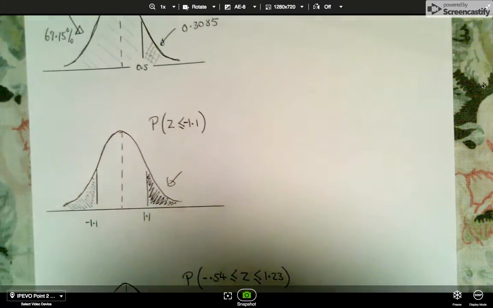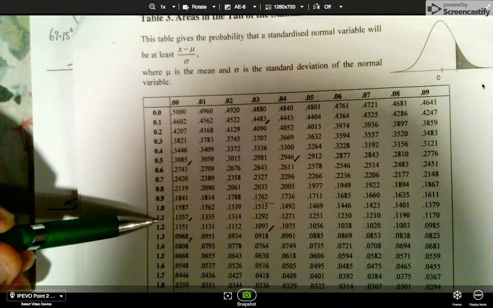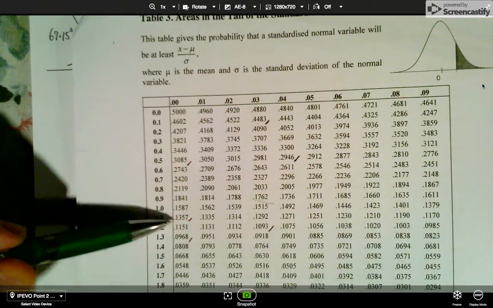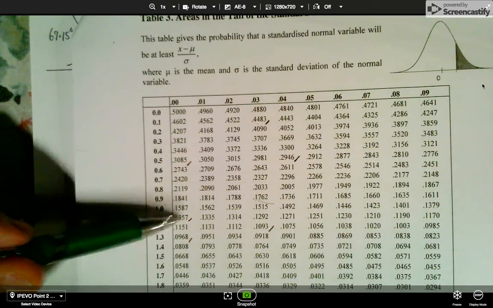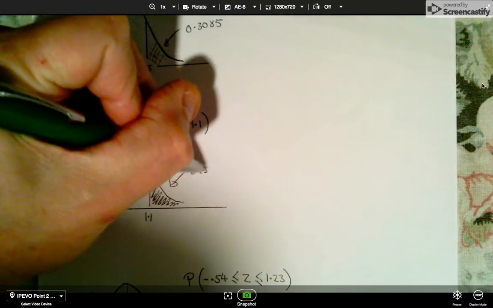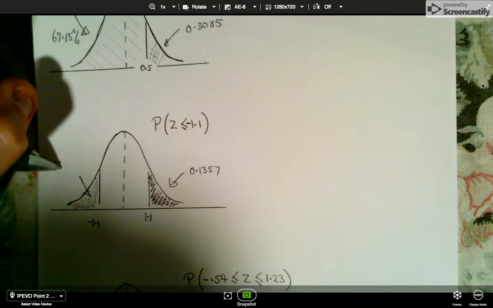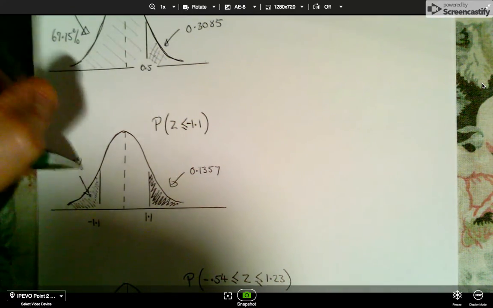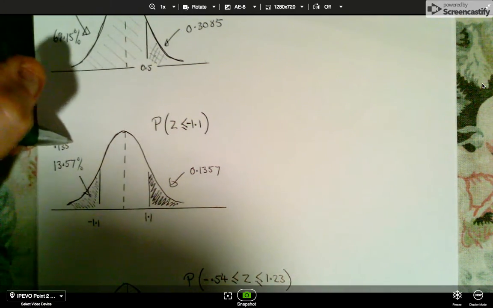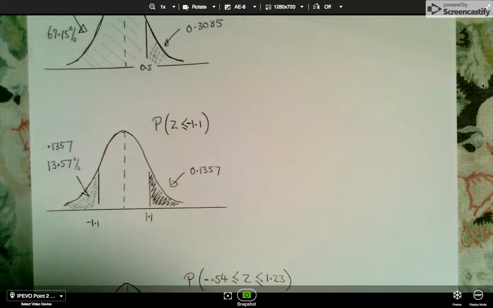So what is the probability that it is greater than 1.1? In other words, this area here, we can get that straight from the table. Here's 1.1, 0.1357. So if this is 0.1357, this side is exactly the same through symmetry, so it's 13.57%, or 0.1357. So that's the probability that Z is less than or equal to -1.1.